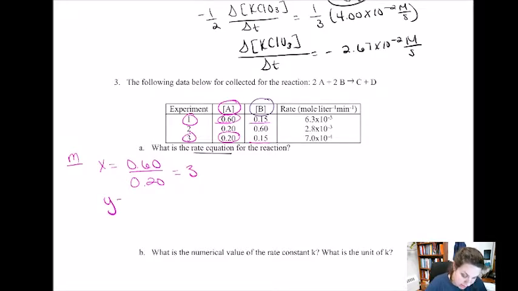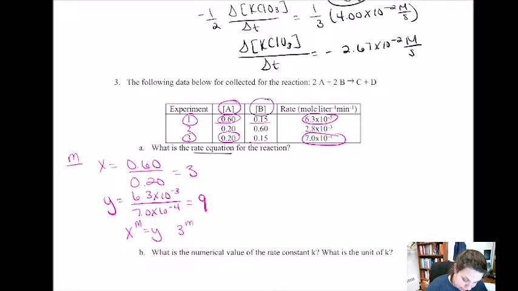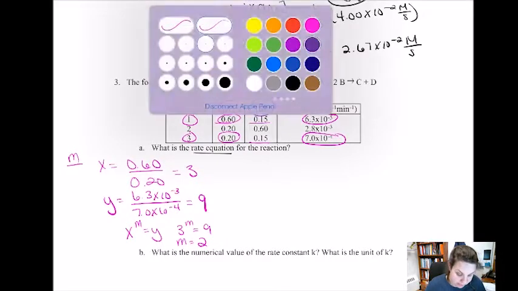For our y, we're going to take 6.3 times 10 to the negative 3 divided by 7.0 times 10 to the negative 4. When we divide this out, we get a value of 9. And then when we say x to the m is equal to y, we have 3 to the m is equal to 9, and we get an m equal to 2. So now we figured out our m value.